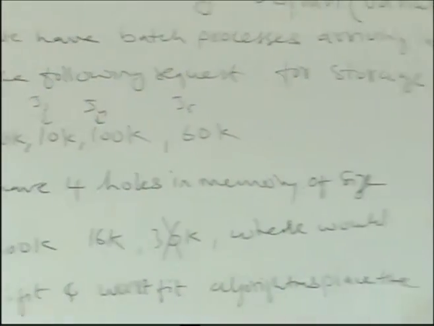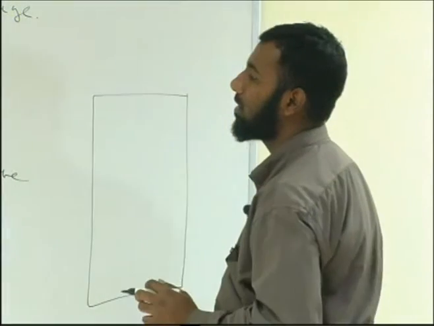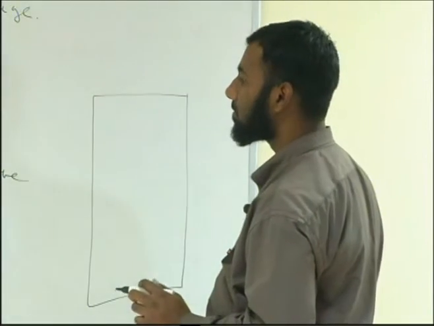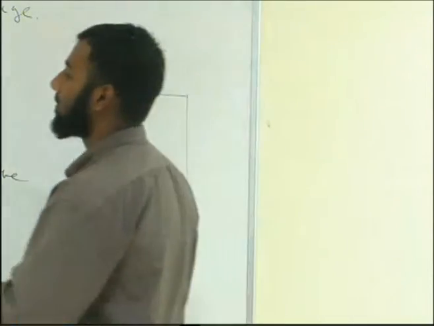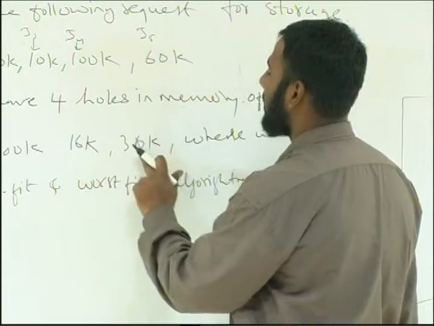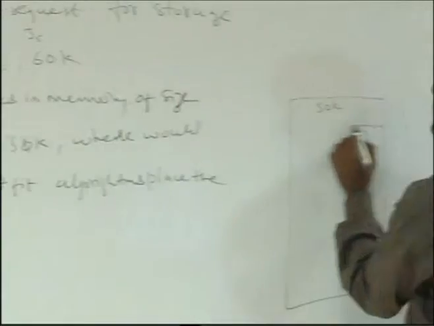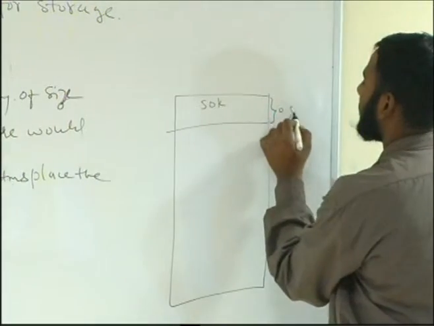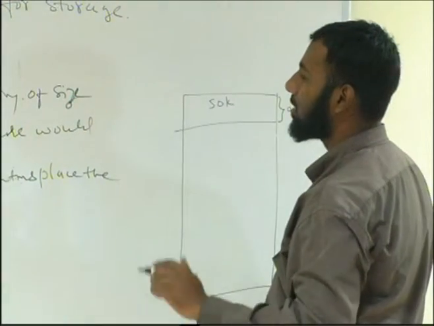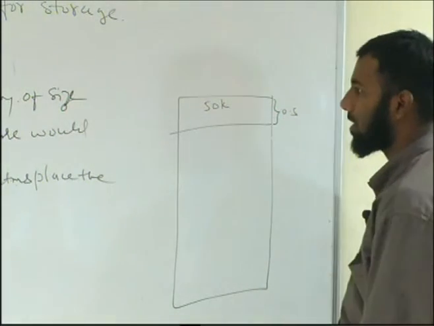So let us assume that we have a memory. The first 50 kilobytes, you assume that it is used by the operating system. And the remaining 30, 200, 16 and 30 kilobytes are the 4 holes which are available in memory.